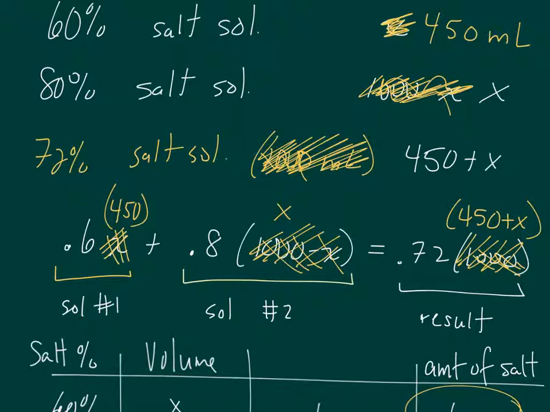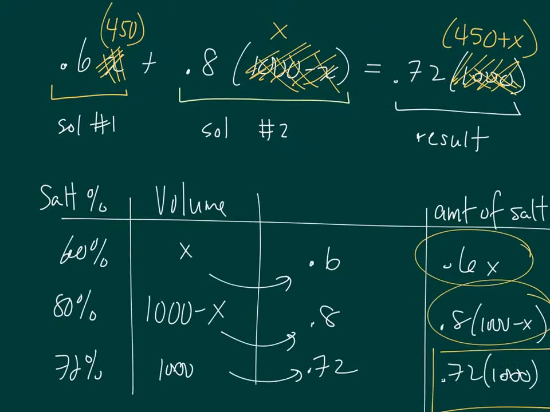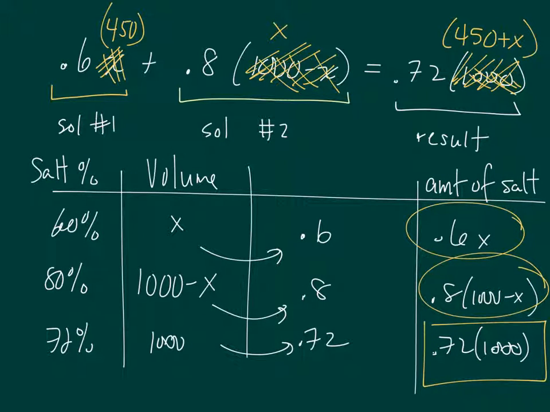If you don't see that right away, take a look at the table here and see that all that would change would be the volume. This would be a set 450 milliliters now. This would just be x. You're just trying to figure out how much of this there is, x. And this final part here would be 450 plus x. So all of these would change.